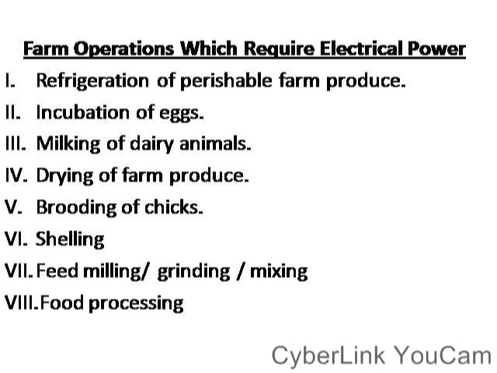Milking of dairy animals: machines have been produced to assist the milking of dairy animals, like the milking machine that is used to milk dairy animals such as the ewe and the cow.